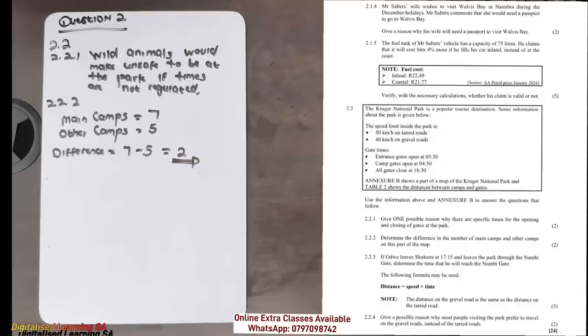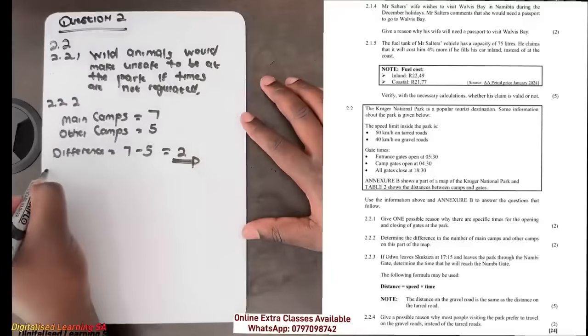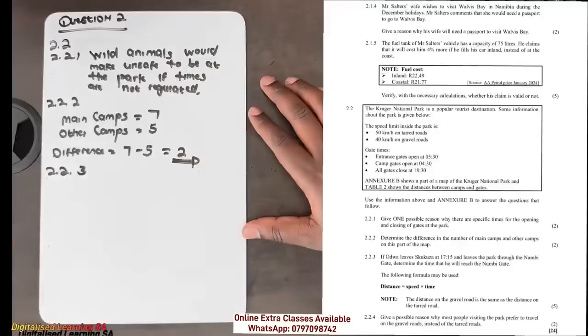Okay, so now let's move to question 2.2.3. Question 2.2.3 says: if Odwa leaves Skukuza at 5:15 and leaves the park through the Numbi gate, determine the time that he will reach the Numbi gate.